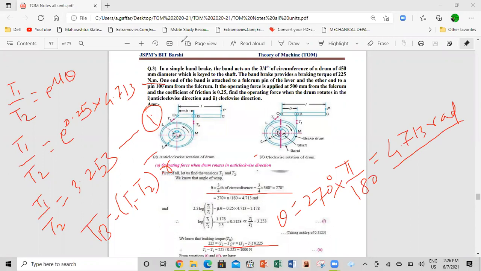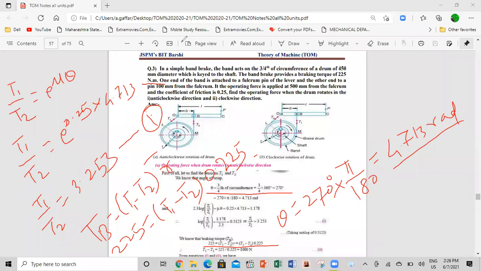So braking torque 225 is equal to T1 minus T2 into the radius after conversion, 0.225.